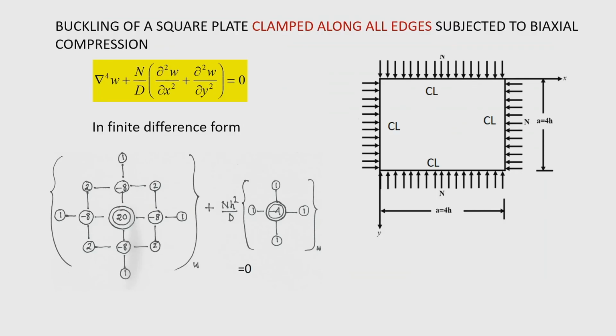Now, here again I give you one problem that is solved in a similar way, but the boundary condition is now altered. The boundary condition is now clamped instead of simply supported, and this is the stencil for the plate buckling equation.